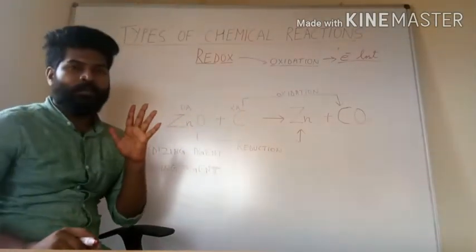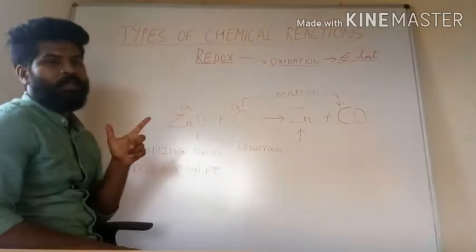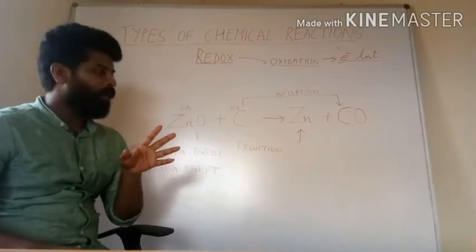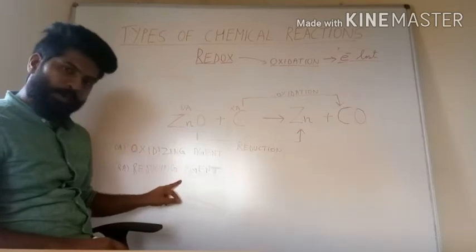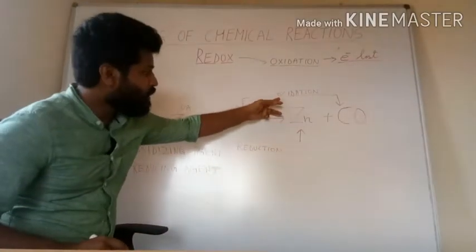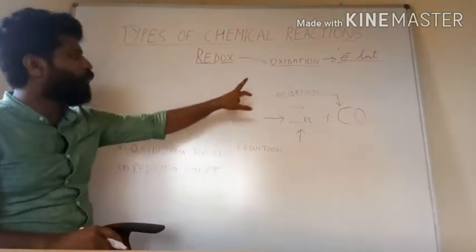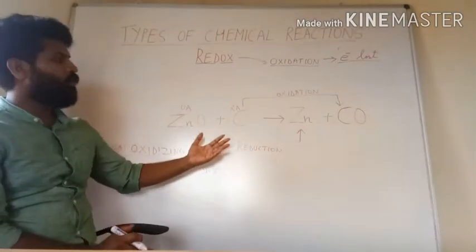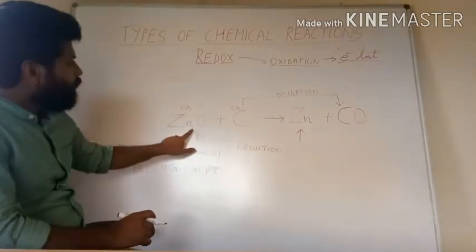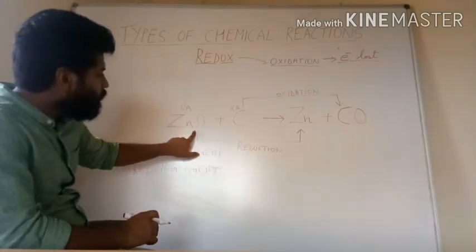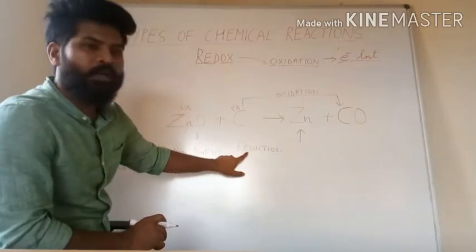Now if you observe, redox reactions are very easy. If you are able to identify any one of these, either oxidizing agent or reducing agent or oxidation or reduction, you can find all four. Take for instance this particular equation. Here we saw that zinc oxide loses oxygen, therefore it undergoes reduction.